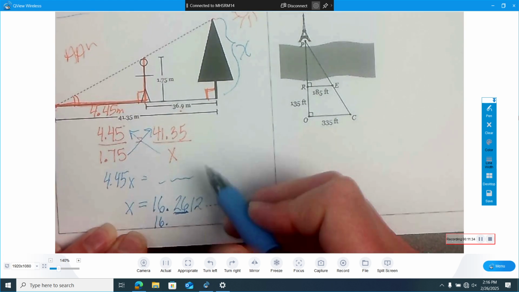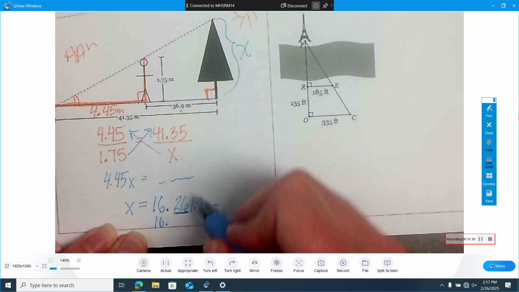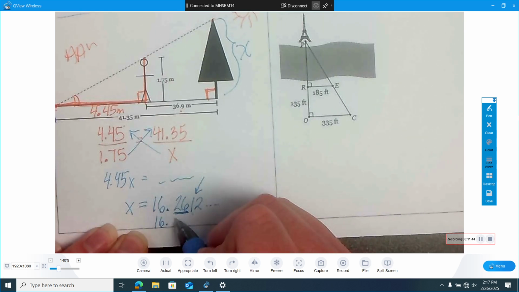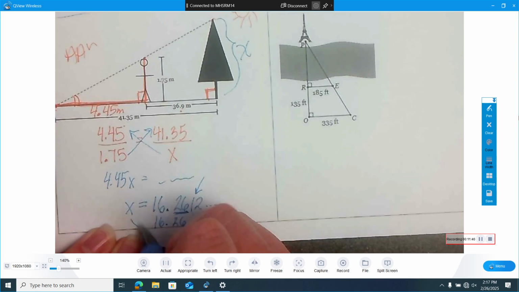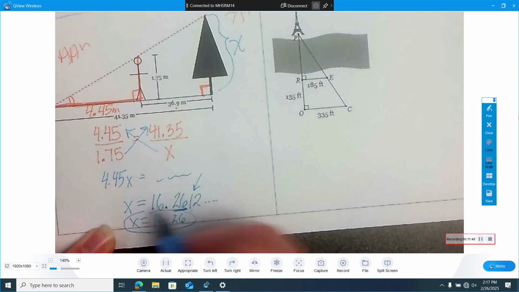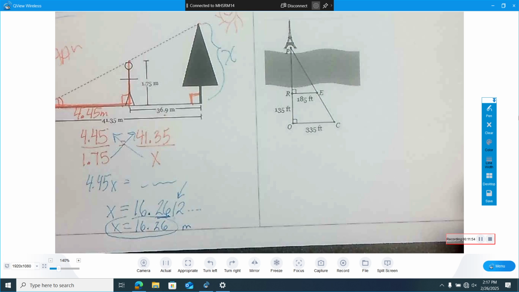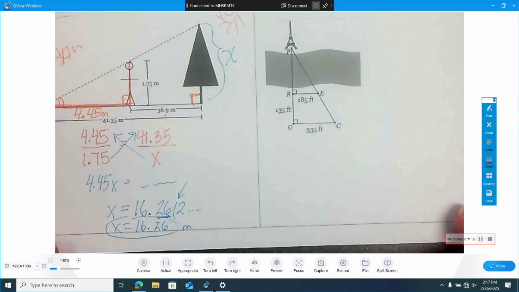So we keep the 26. We have to look to the neighbor to the right, the thousandths place. And if that 1 was a 5, then we'd round 26 to a 27. But this one's going to stay. 16.26 meters. Fantastic. Any questions on that one?